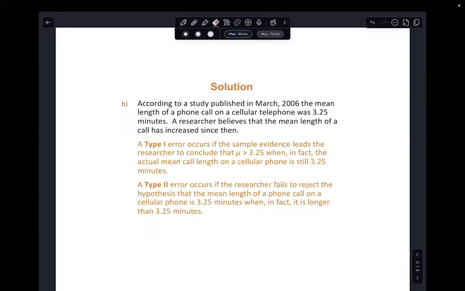So type 2 error, if the researcher fails to reject the hypothesis that the mean length of a phone call is 3.25 minutes, but it's longer than that, that's a type 2 error. So you fail to reject when you should have rejected, type 2 error. Rejected when you shouldn't have, type 1 error.